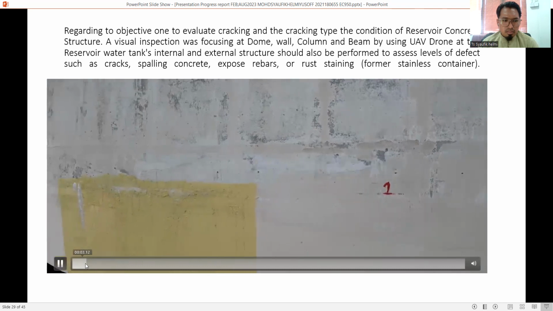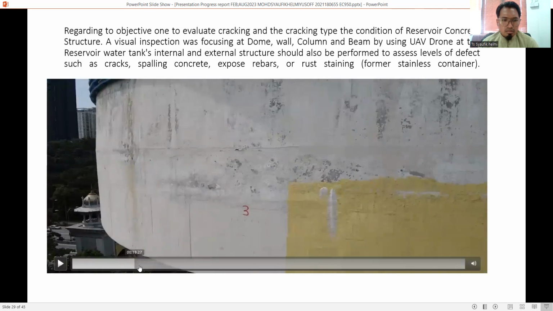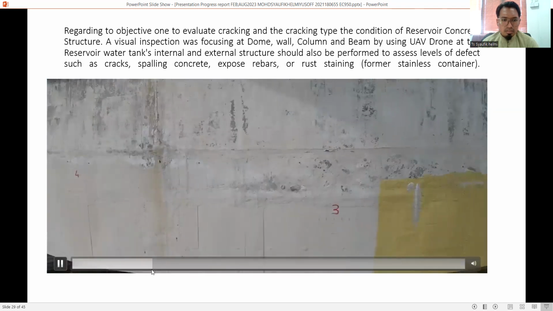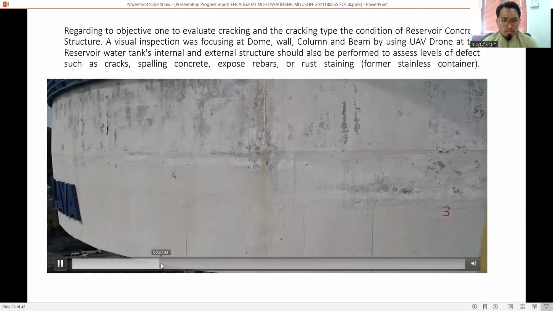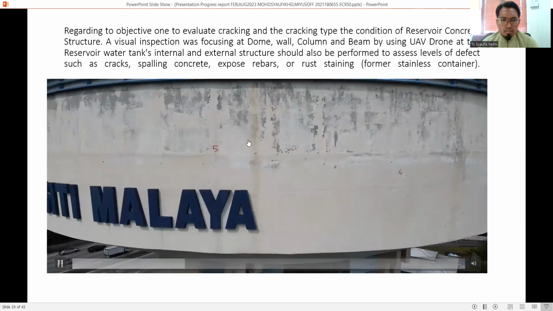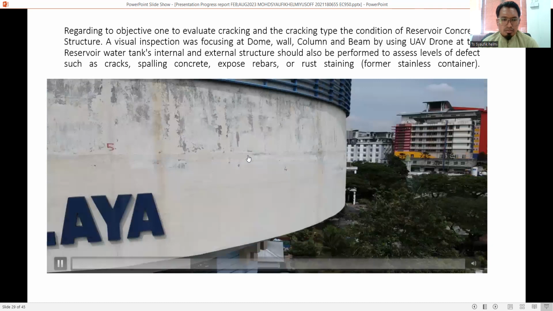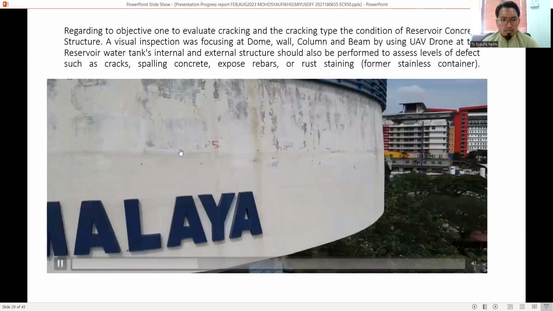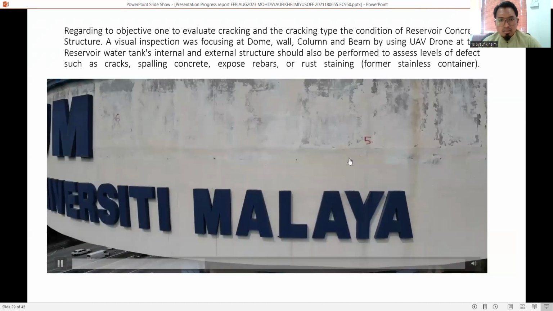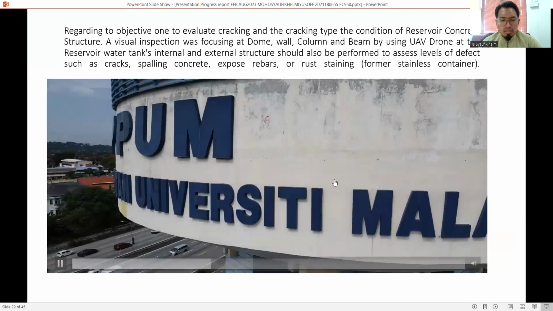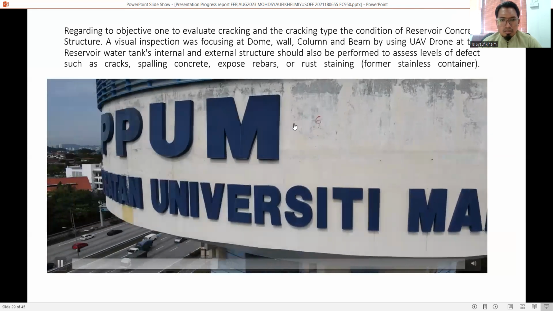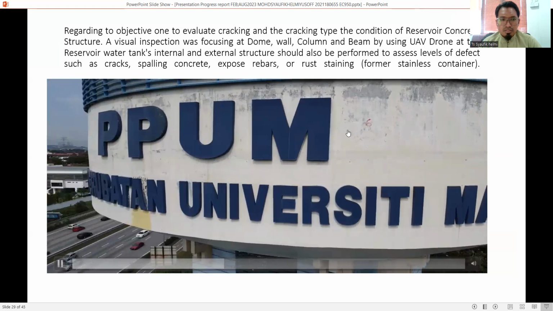We can see all of this spalling at the external structure. You can see we have marked locations on the wall.